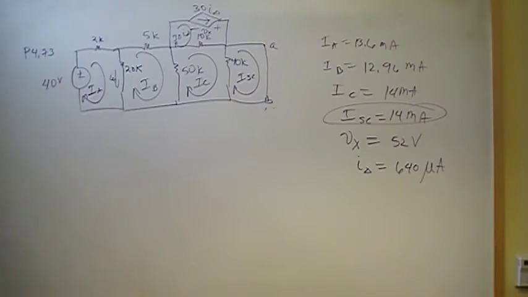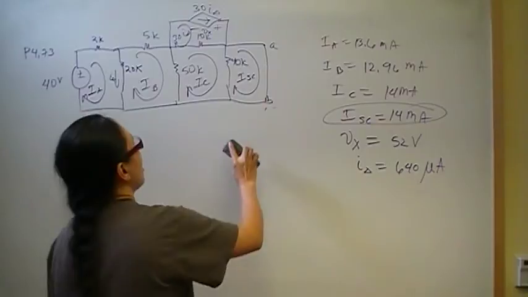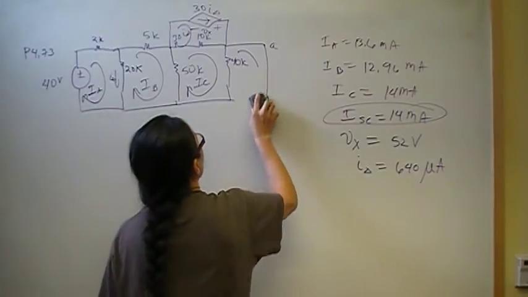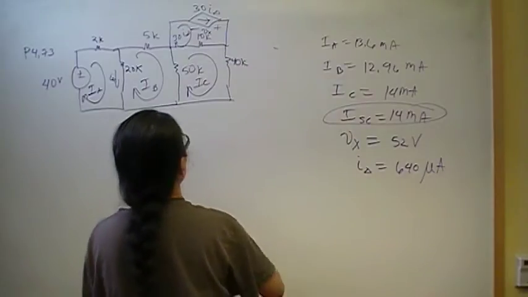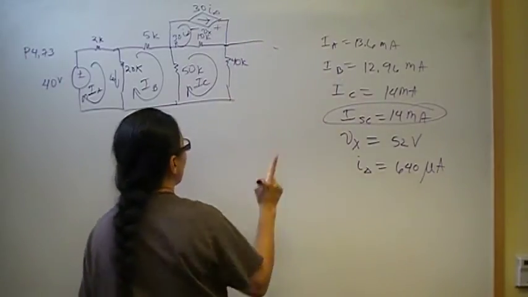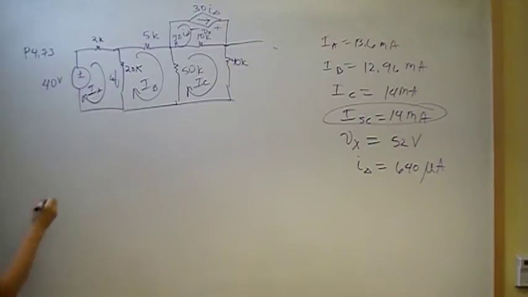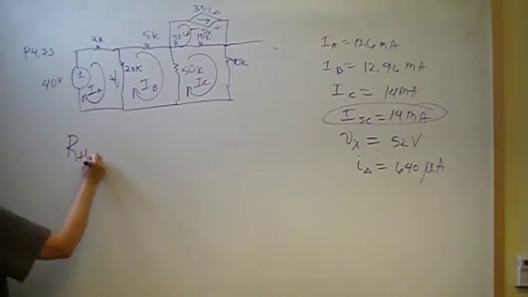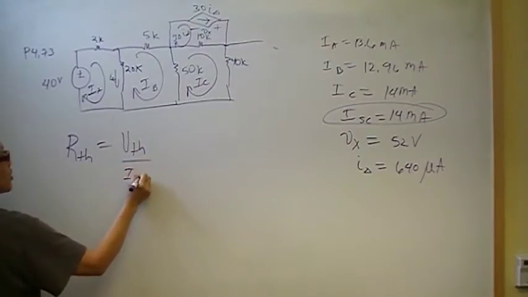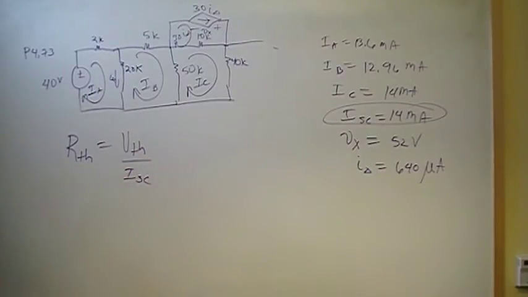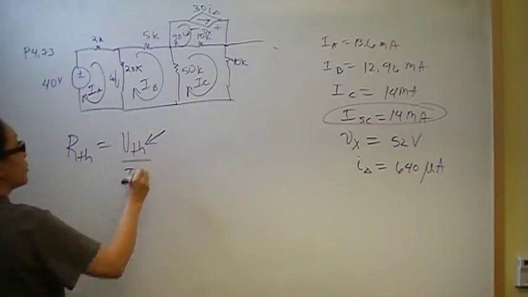So now I'm just going to change something. I'm going to open the load. The way that we have to find this is that R Thevenin is equal to V Thevenin over I short circuit. That's how we're going to find R Thevenin. That means we need to find V Thevenin.